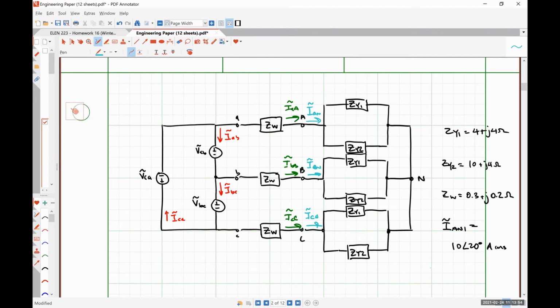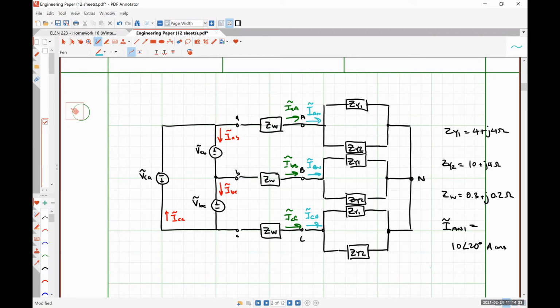Based on the information that we have, how do you think we're going to figure out what our total phase currents at the load are? They will combine into a single equivalent impedance. Sure, but we only know the current through this branch.